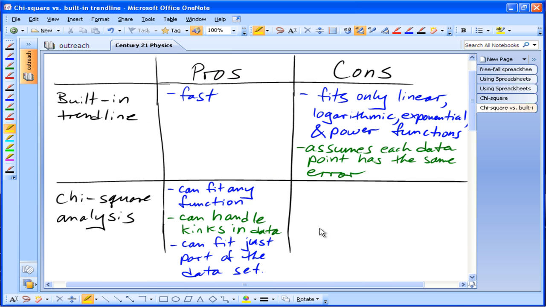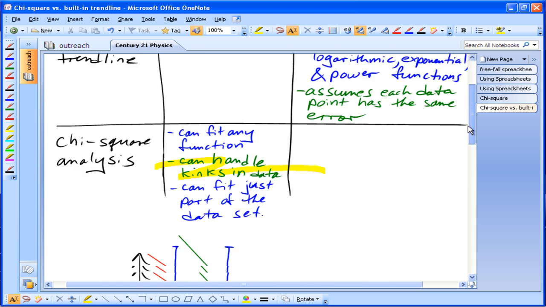The pros in favor of the chi-squared analysis are that it can fit any function, and we're going to demonstrate quickly later how it can fit a periodic function. It can handle kinks in data, and I have a picture illustrating that here.